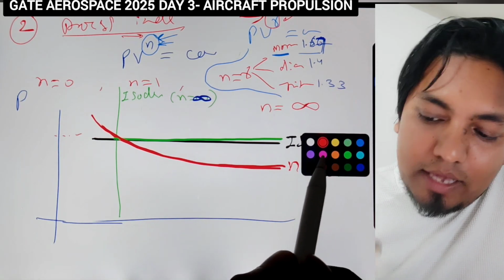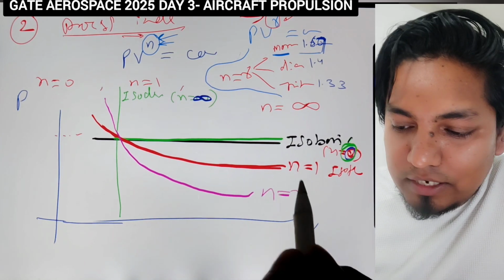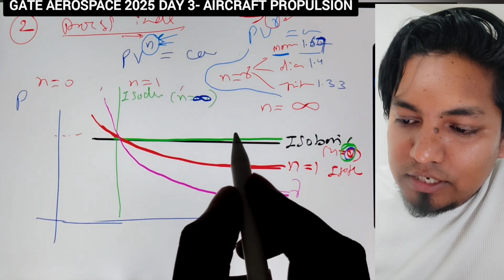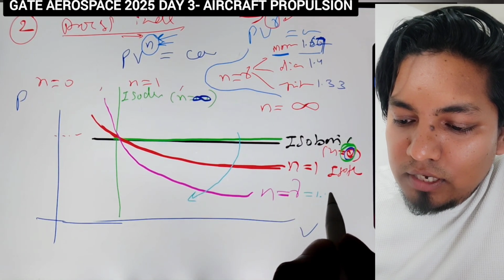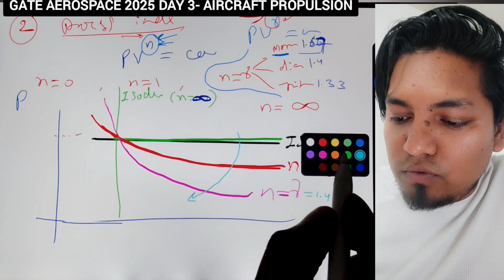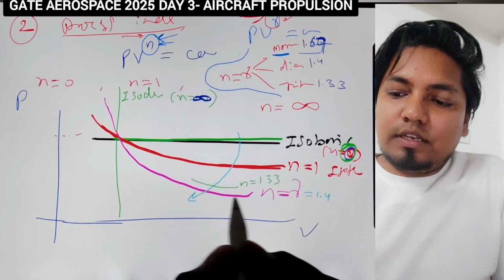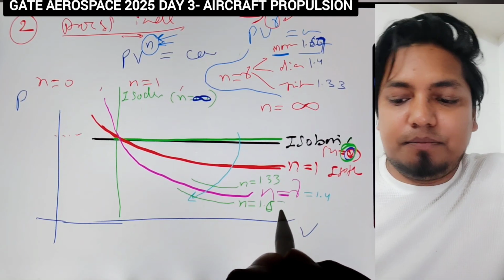If gamma is 1.4, then you can easily judge that this will be n is equal to 1.33 and this will be n is equal to 1.67, right? Because n is increasing, and when you reach vertical here, you get n is equal to infinite.